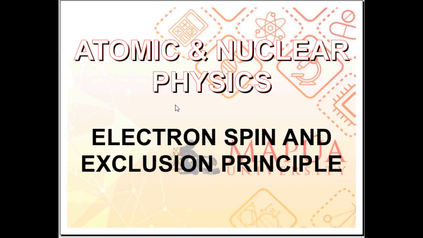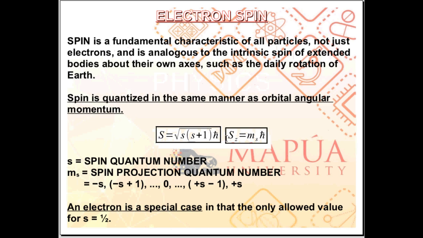So, continuing on with our discussion on atomic and nuclear physics. In this video, we cover the concept of the electron spin and the exclusion principle. Electron spin, or simply spin, is a fundamental characteristic of all particles, not just electrons.